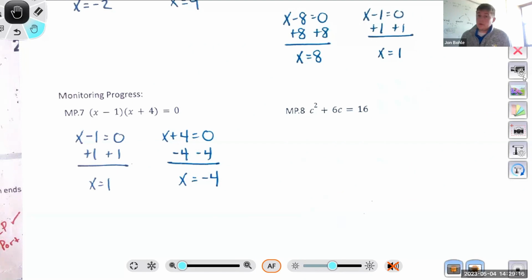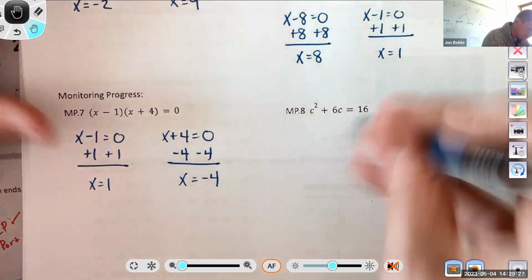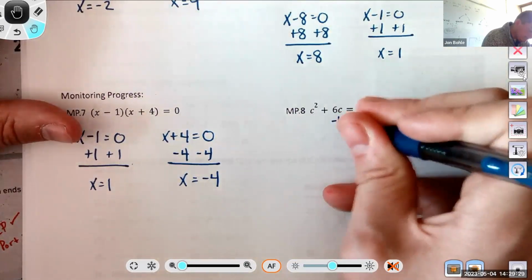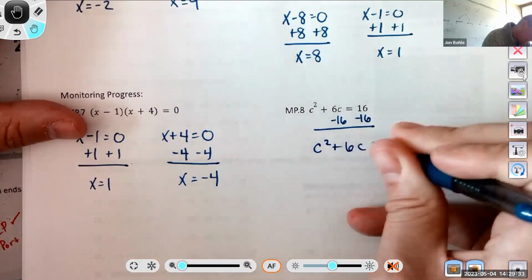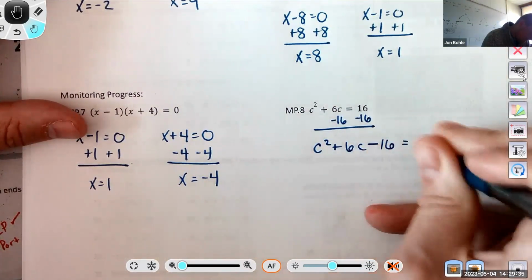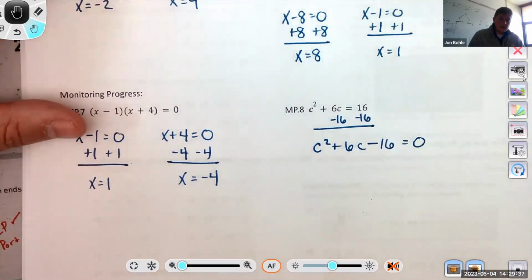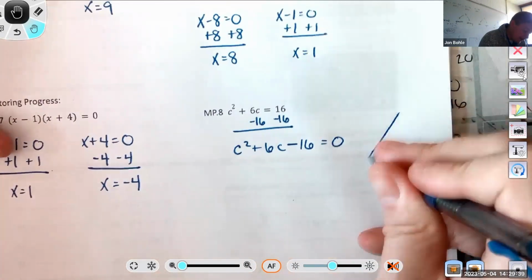On 8, though, it's equal to 16, and I need it equal to 0. So I need to undo it being equal to positive 16, and I can do that by subtracting 16 from both sides. Now I'm going to factor a times c.